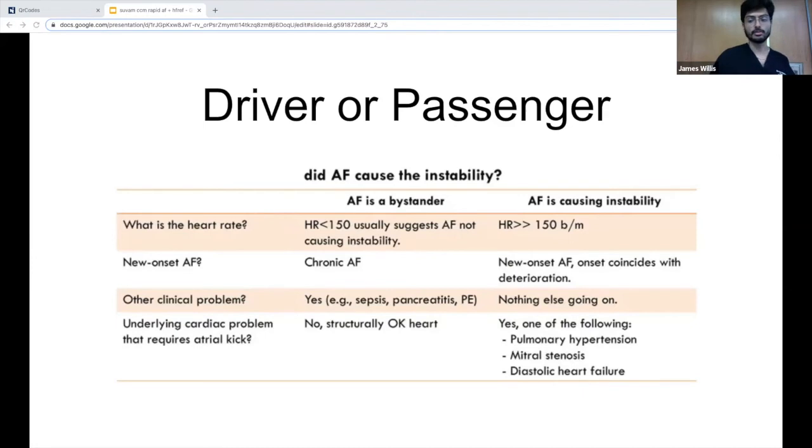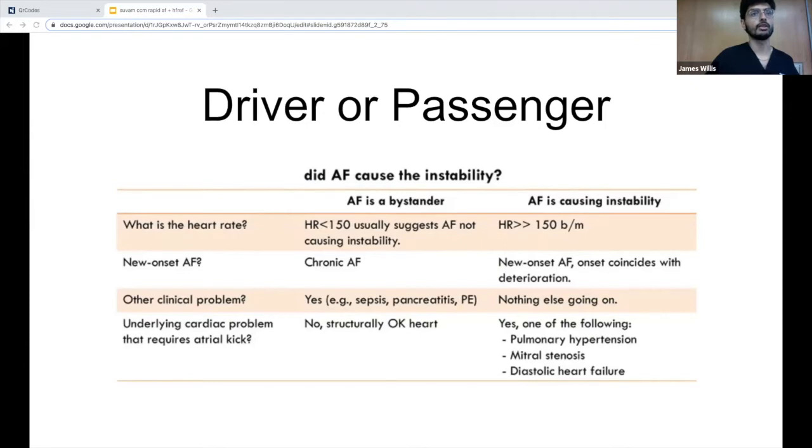And so there are a couple of different things you can think about. One thing being what the heart rate is. If the heart rate's above 150 and even higher than that, then you can think about maybe the rate is also contributing to this instability. If it's less than 150, especially if the patient has chronic AFib and they're in this 130 to 150 range, chances are that's more likely their sinus tachycardia.